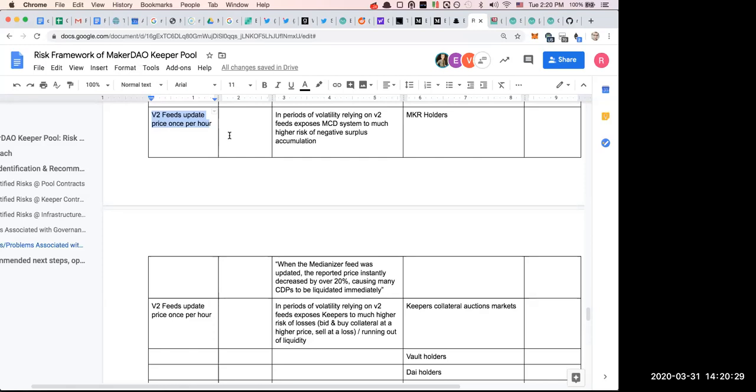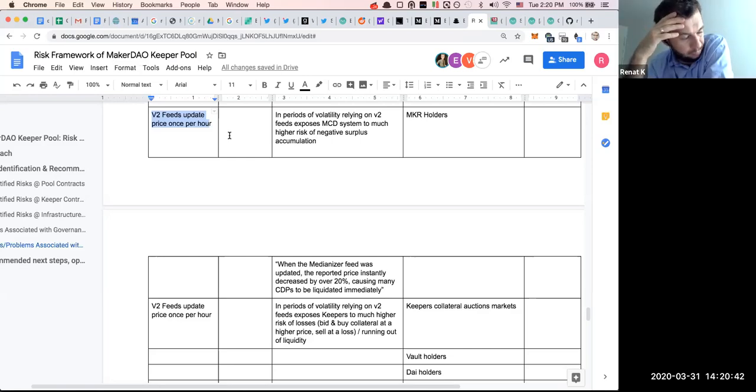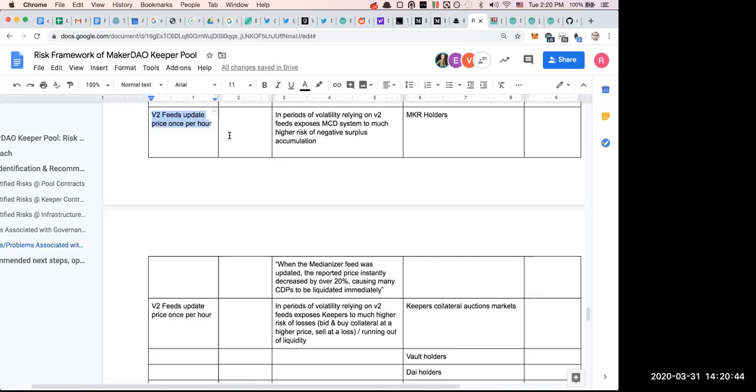So during this hour, they get prices from a bunch of feeds, then calculate the median price, and then this median price is applied to the system. It happens once an hour.